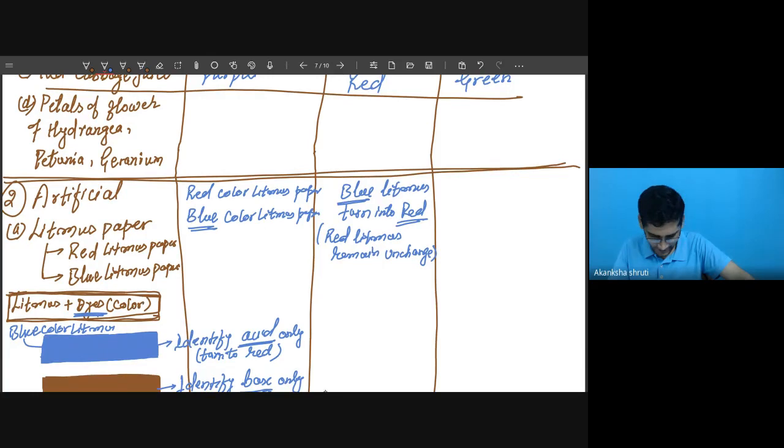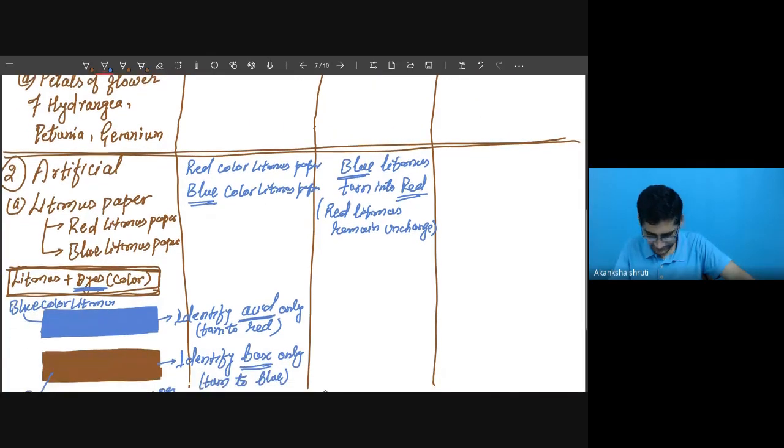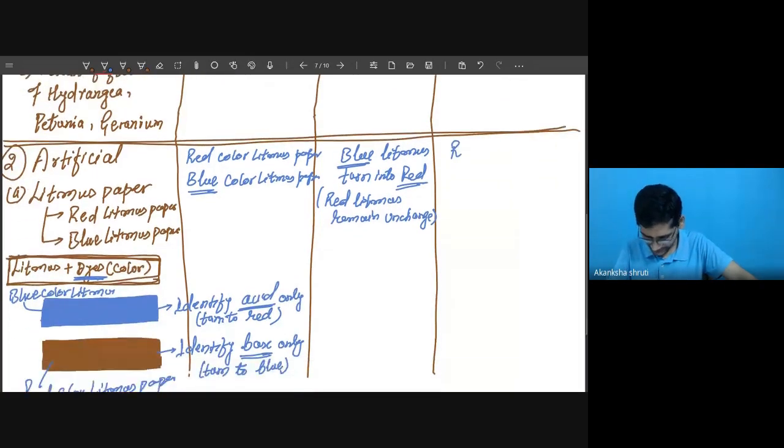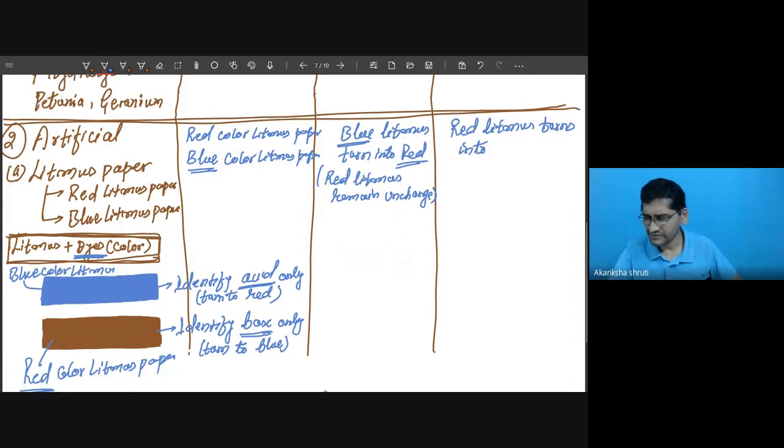But if we want to identify the base, we shall choose the red litmus. So if we have this red color litmus paper, so red litmus turns into blue color.